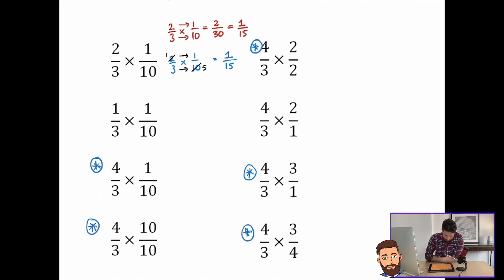So the ones with a star is where you can cross-cancel, but you don't have to. You can do the other method and simplify.